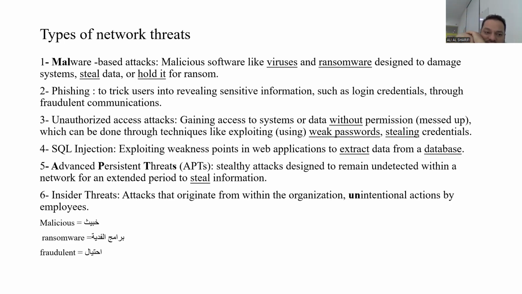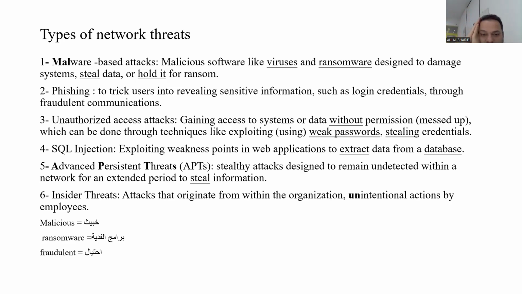Here, SQL injection: exploiting weak points in a web application to extract data from your database. This data may be pictures, videos, financial data. You are a programmer, I don't know about your job, and you have important data in your PC.